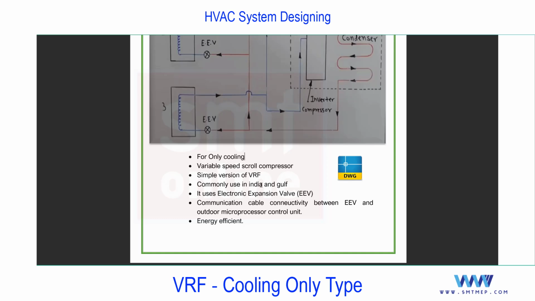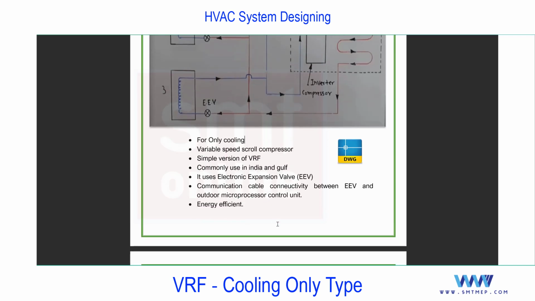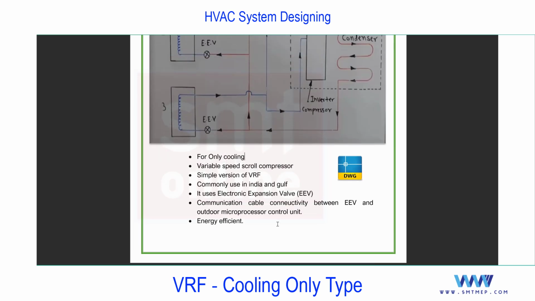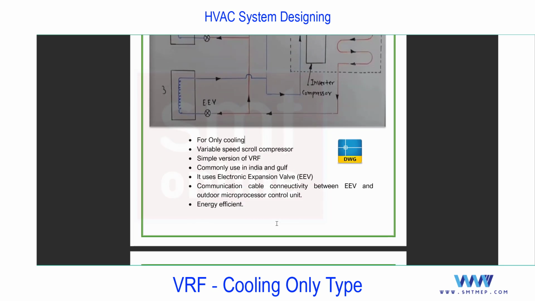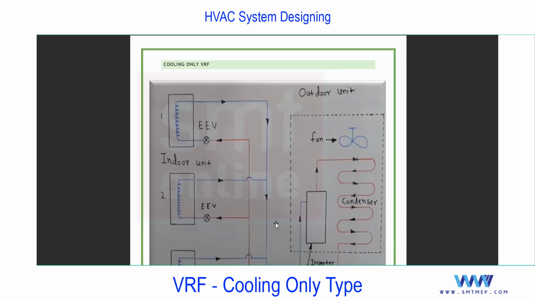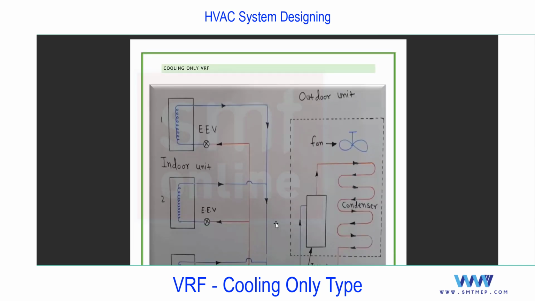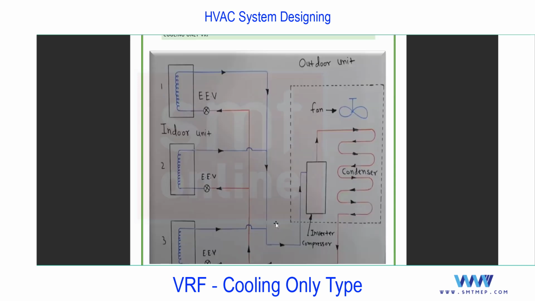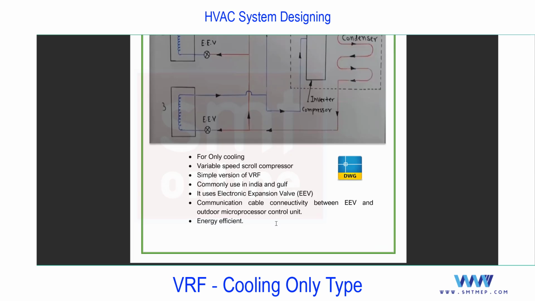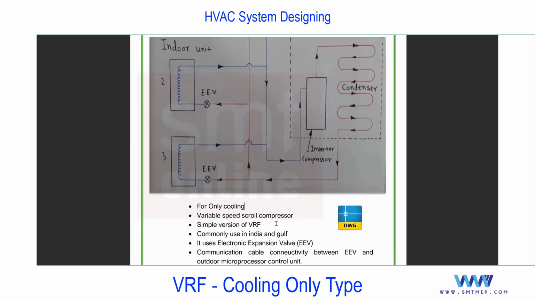It can be on and off, or it can modulate. Next, a communication cable between this EEV and the control unit of the outdoor. And energy efficient compared with the split of a normal compressor. And apart from this, we have a list of other advantages that we'll discuss all together after completing all these three types. Okay, so this is only for the cooling only type.